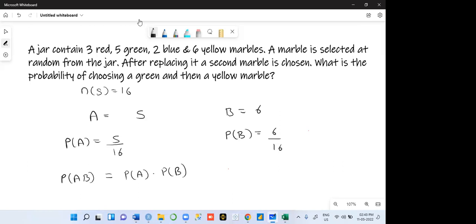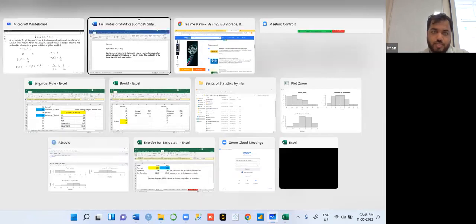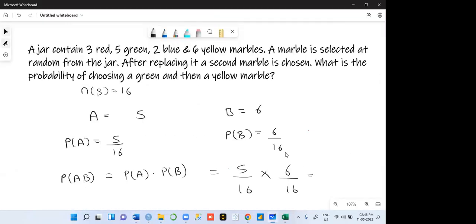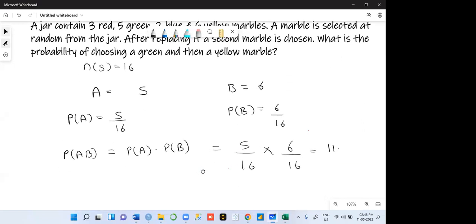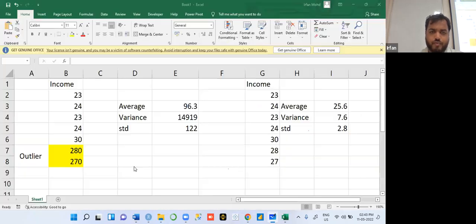Sir, is the answer 1.8? How much are you getting, guys? Can you give me in percentage, please? 11.771. Sir, if you don't mind, how do we calculate the percentage? I mean, the denominator is the same, so 5 times 6 is 30 by 16, no? Yes. Do normal calculation if you are not comfortable.